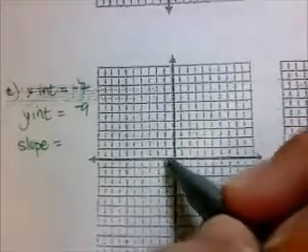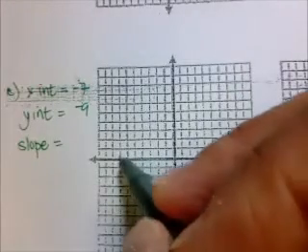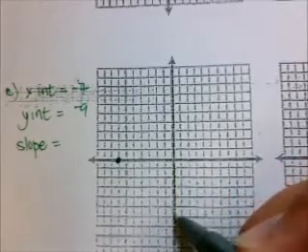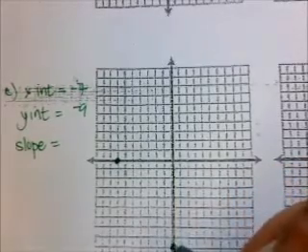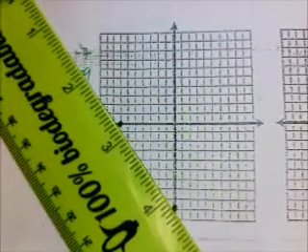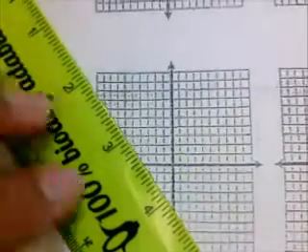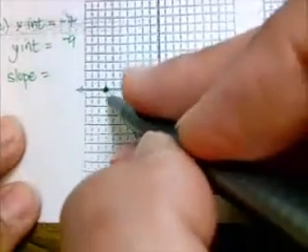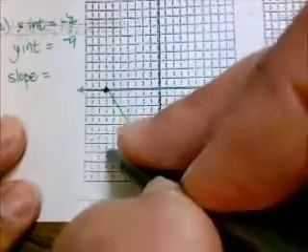Okay, then the -7, 1, 2, 3, 4, 5, 6, 7. -9, 1, 2, 3, 4, 5, 6, 7, 8, 9. Connect the dots. That's right. So he's going down 1, 2, 3, 4, 5, 6, 7, 8, 9.